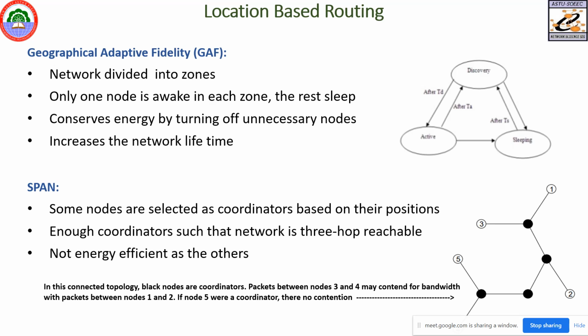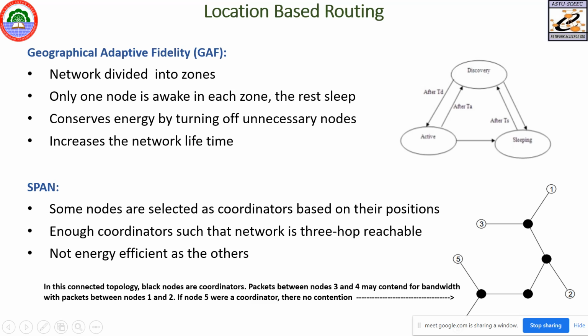In this, the network is formed based on two or three hop neighbors. If you observe this image, let us assume node 5 and node 3. If they want to communicate with each other, there is no direct communication between node 5 and node 3.